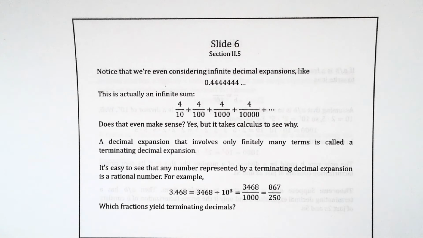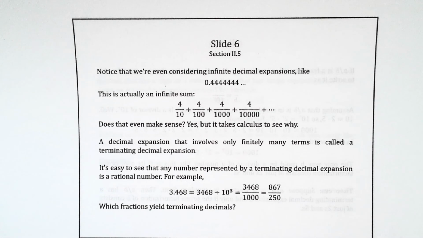Now, a decimal expansion that involves only finitely many terms, it cuts off after a certain point, is called a terminating decimal expansion. Okay, so if it cuts off after a certain point, we say it's terminating. And it's easy to see that any number represented by a terminating decimal expansion is a rational number.